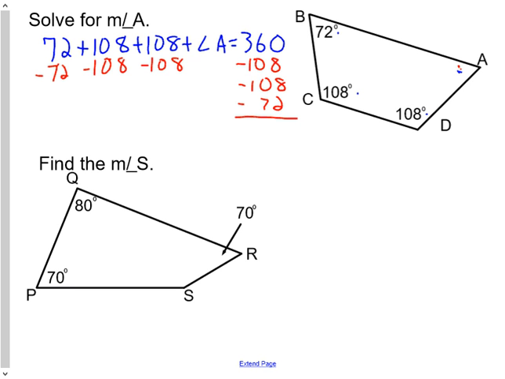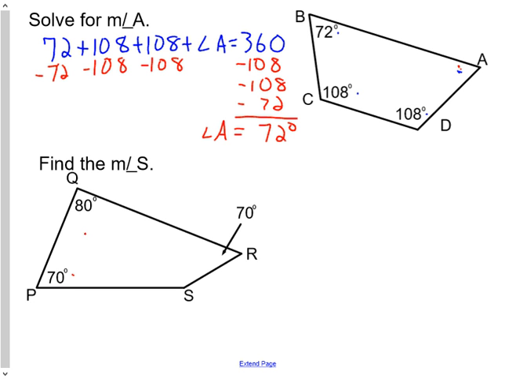Totaling these up, I've got 180, 288, taking that away from 360, and I get 72 degrees is angle A. But again, you can use a calculator and just take 360 minus the other 3 angles.